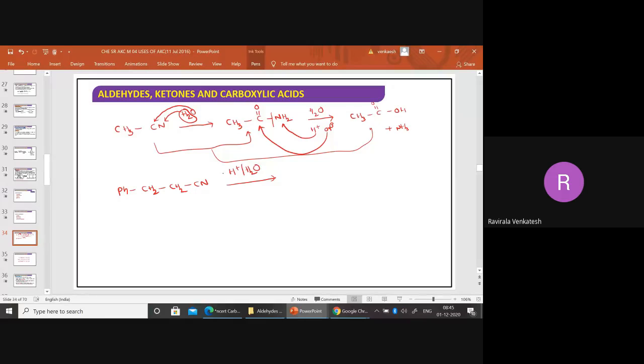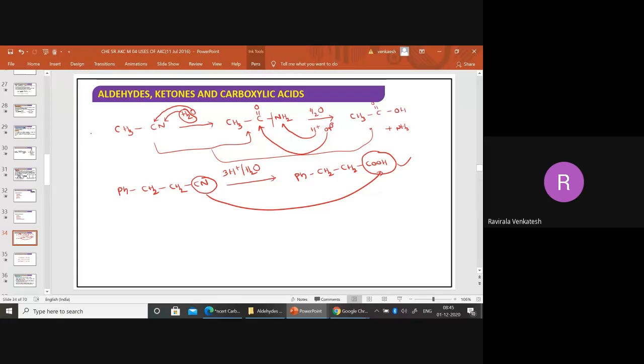What do you have to keep in place of cyanide? Keep here CH2 CH2 COOH. That means in the place of cyanide, you are getting a carboxylic acid. Cyanide is directly converting into carboxylic acid.